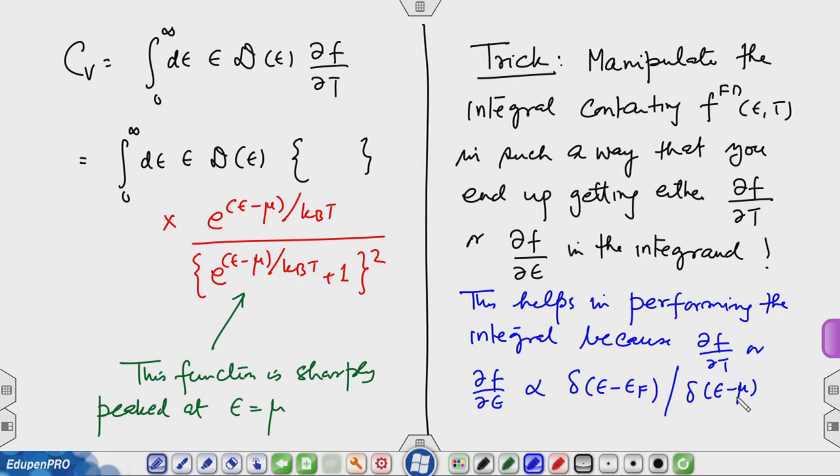I'm using the Dirac delta function symbolically. What it means is sharply peaked at mu. So let me write that. And what that does is you can take out a lot of things from the integrand, taking their value at mu, and the rest of the integral becomes easy. So we are going to use precisely that here.